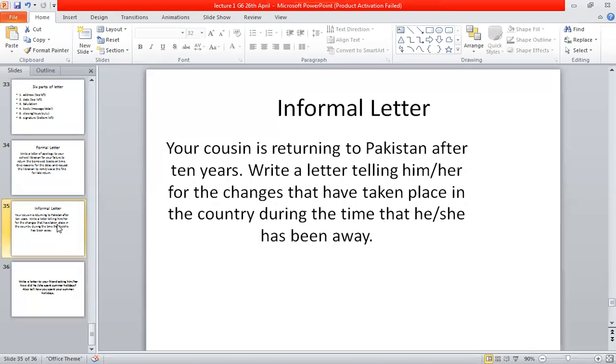Or you can also tell that in 2 or 3 cities government has given consent, I mean permission, to build universities. So within 10 years these things can be done by government. So what changes in your area, in your city, or in country have taken place? Okay, so you have to write.